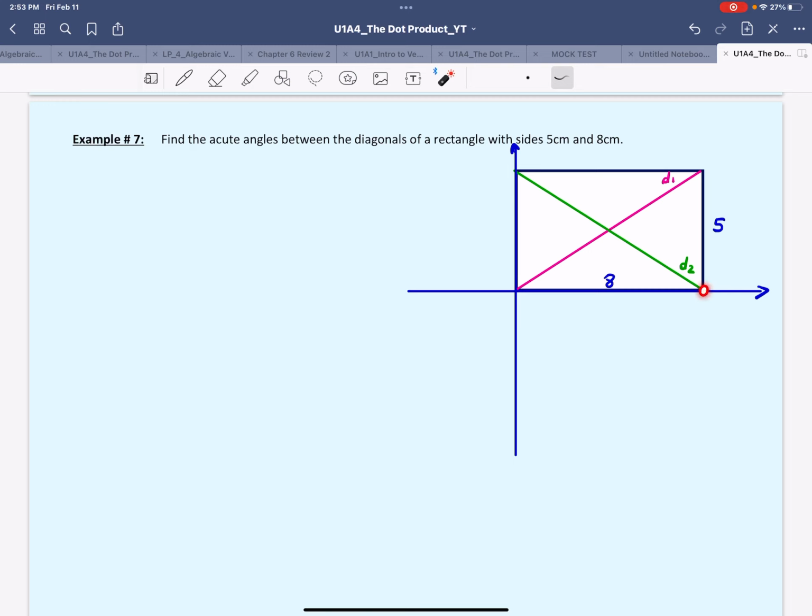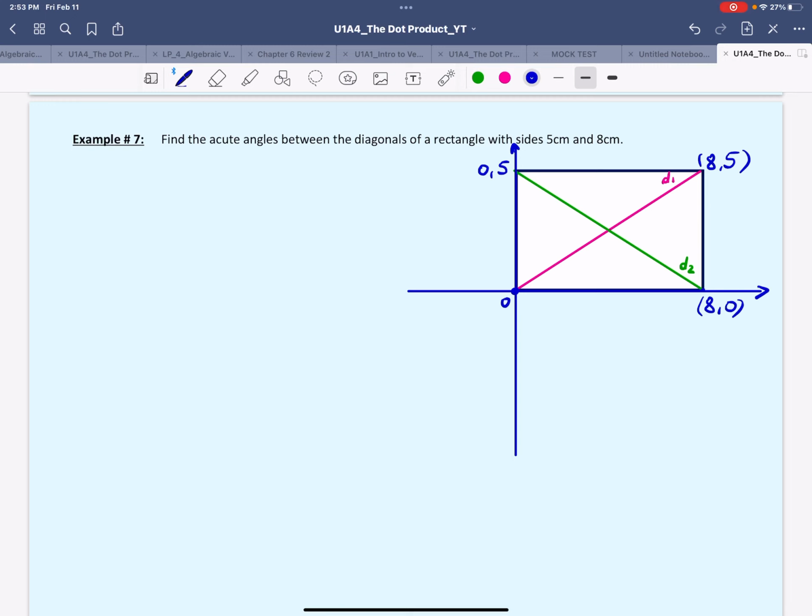So here we go. We have this point here. This should have the coordinates x equals 8 and y equals 0. Now, this point right here will have the coordinates x equals 8, y equals 5. This one here would be 0 and 5. And here we go, 0, 0.